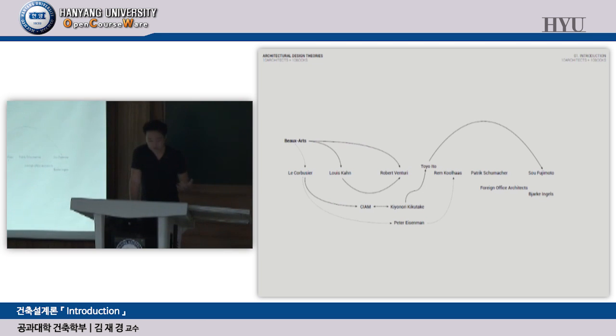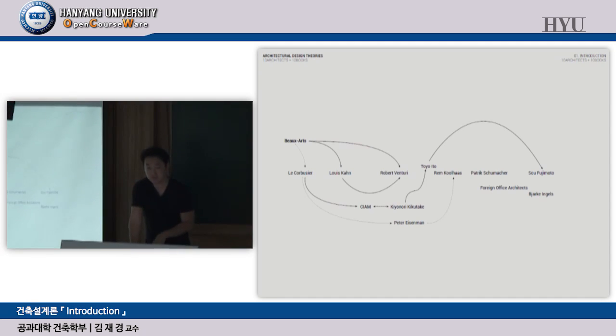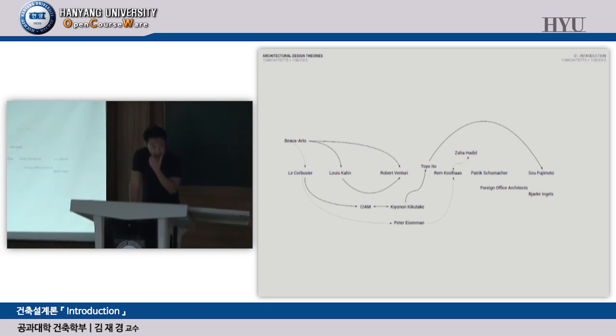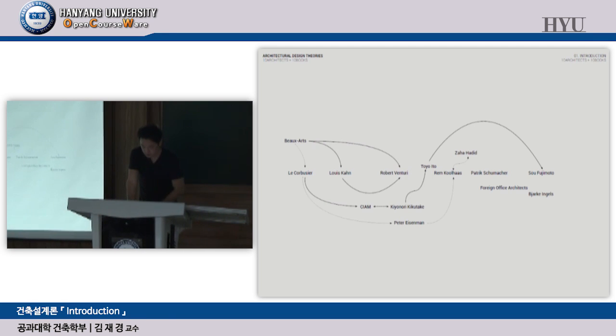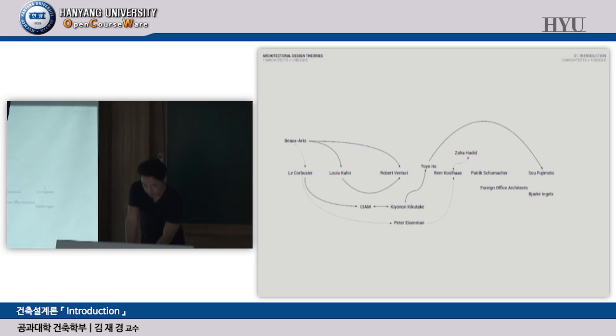But Peter Eisenman and Rem Koolhaas have some sort of relationship, because Peter Eisenman did support Rem Koolhaas when he wrote Delirious New York. So they have a relationship. But Rem Koolhaas is a super important person, let me explain why I said that.